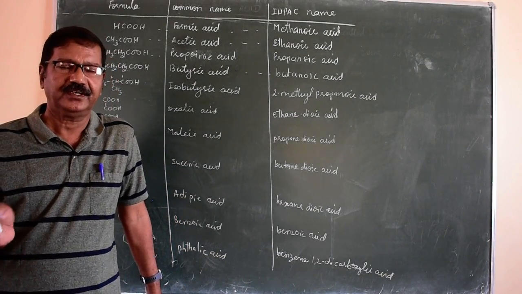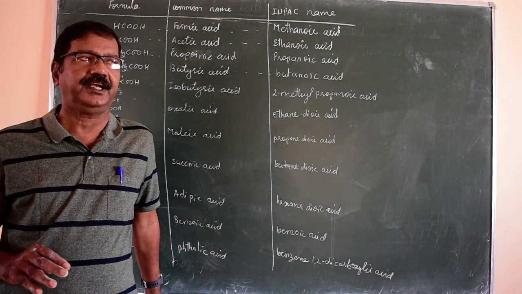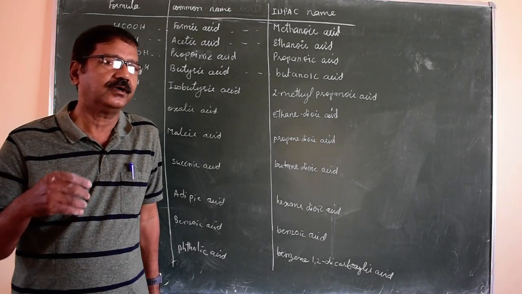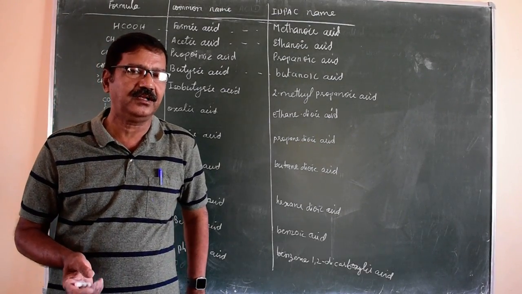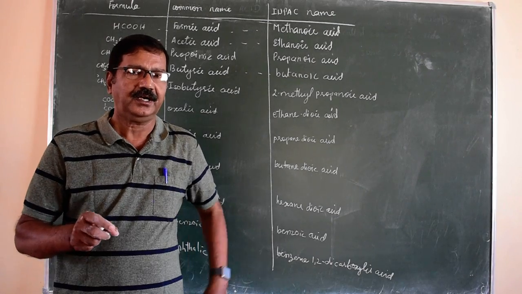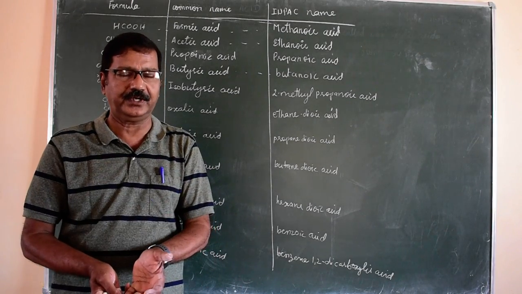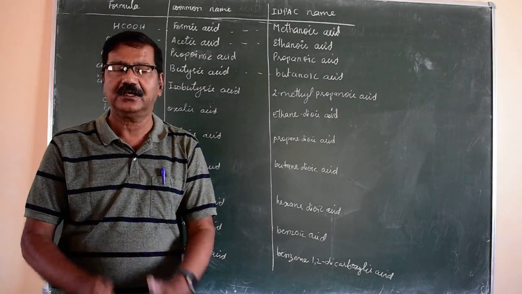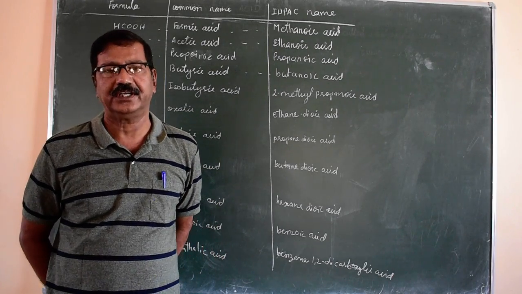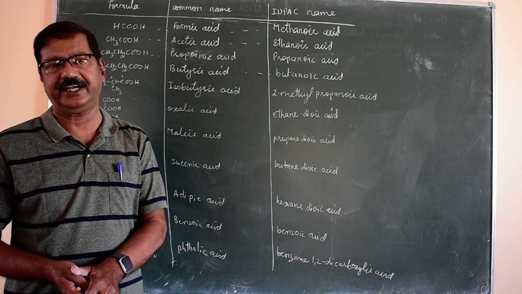Second method is from cyanide or nitrile. We know hydrolysis of nitrile gives amide, and that amide on further hydrolysis just by heating gives the carboxylic acid.